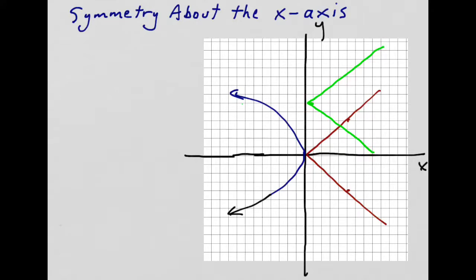So if you looked at simply a point, let's say it's 9, 3, and you wanted to figure out the coordinates of a point that was symmetric about the x-axis.